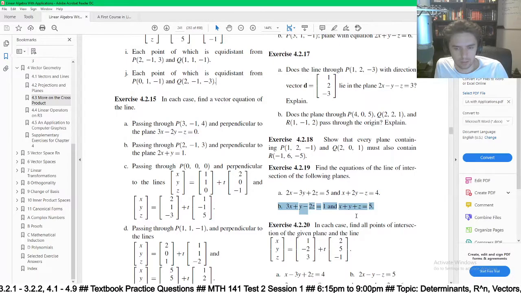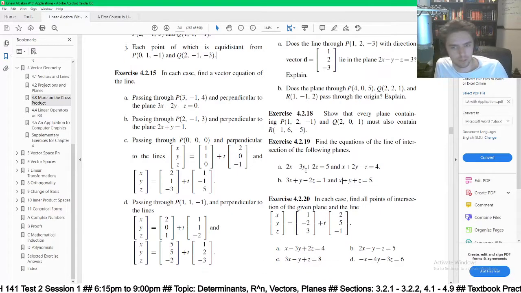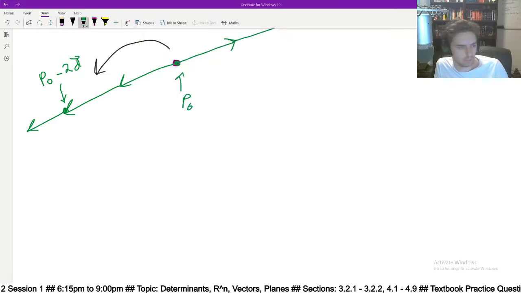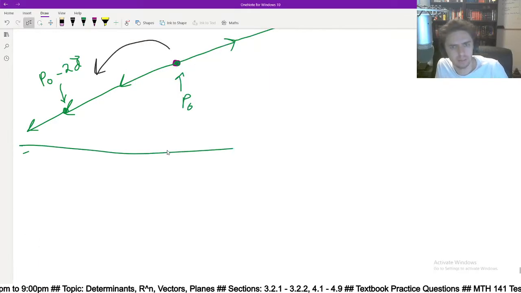Yeah, I see how I do that. Okay, so I'm pretty sure for this one, let's just do it. 4.2.19b. I crossed it out, but I don't think I even did it.